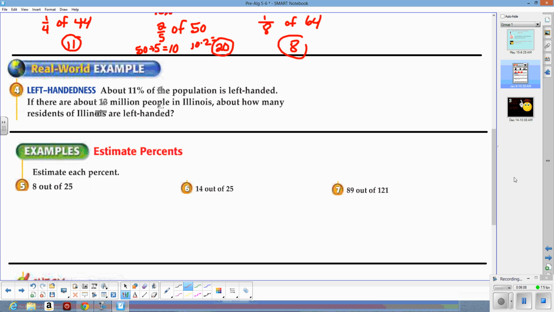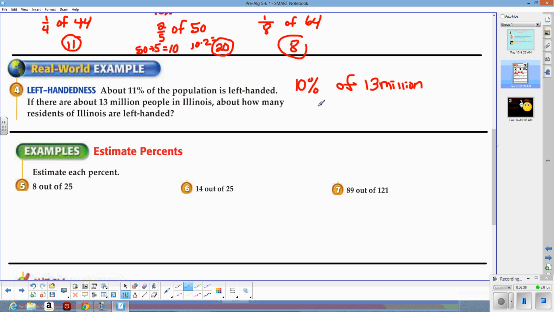Example 4 says about 11% of the population is left-handed. If there are about 13 million people in Illinois, about how many residents of Illinois are left-handed? Well, for the 11%, we're probably going to just change that to an estimate of 10%. 10% of 13 million. 10%, remember, is 1/10.